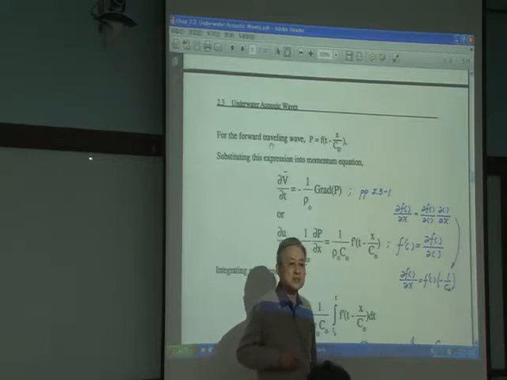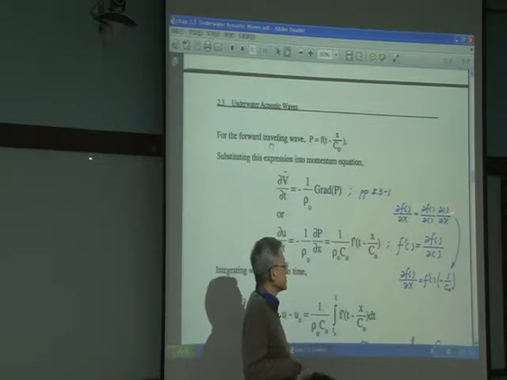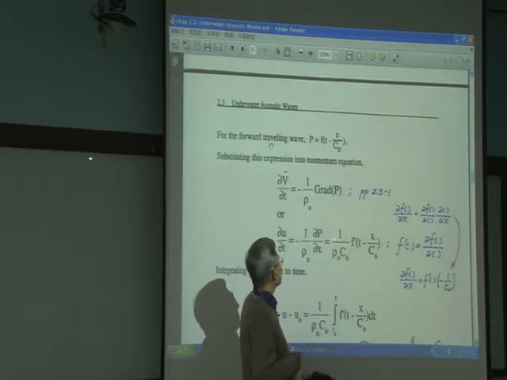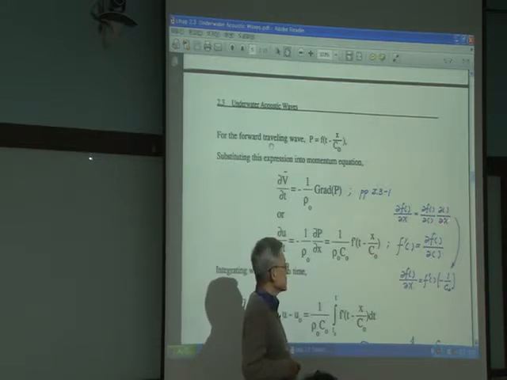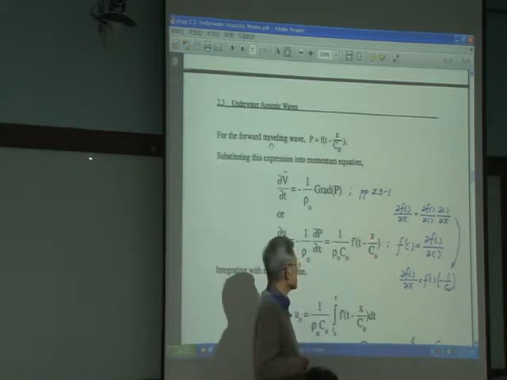Easy to understand. Then del parenthesis over del X. This parenthesis is right here: T minus X over C naught. So you have to differentiate partially with respect to X. X is right here. It's doable.